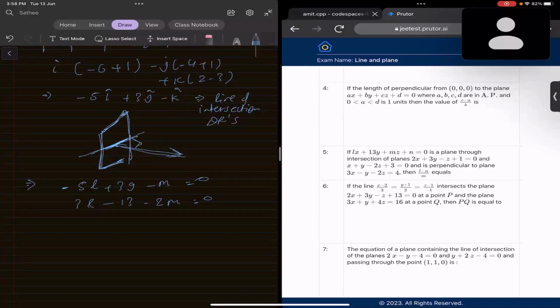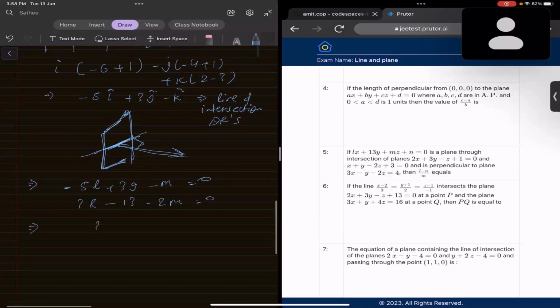So again, if we solve by the cross product definition, this should be l, 1 and m. We have written 1 here because there is no second variable, so we are assuming it to be 1.